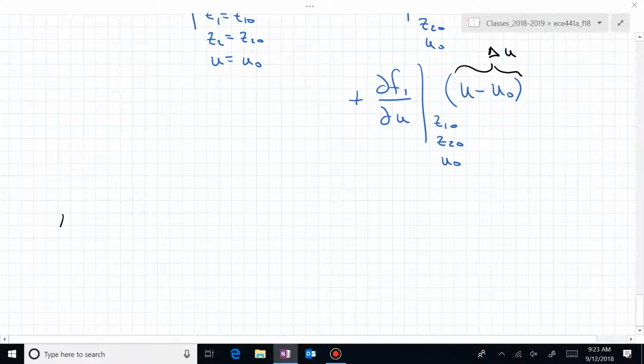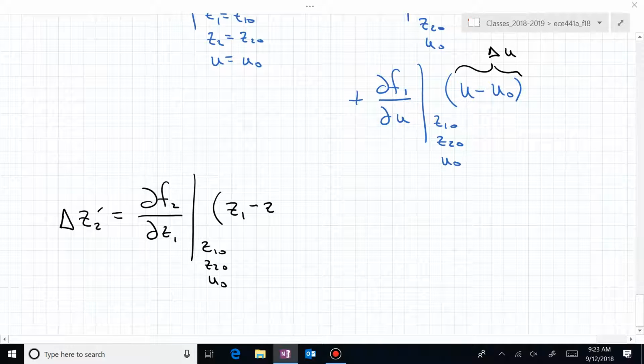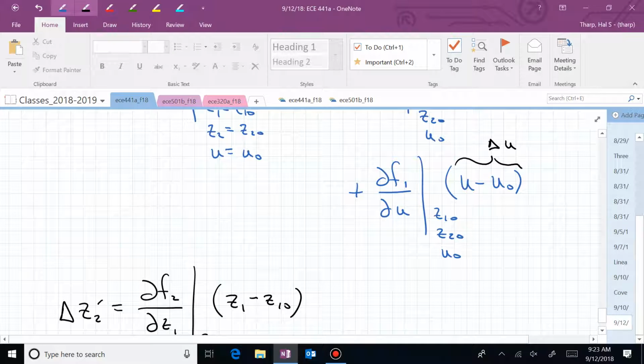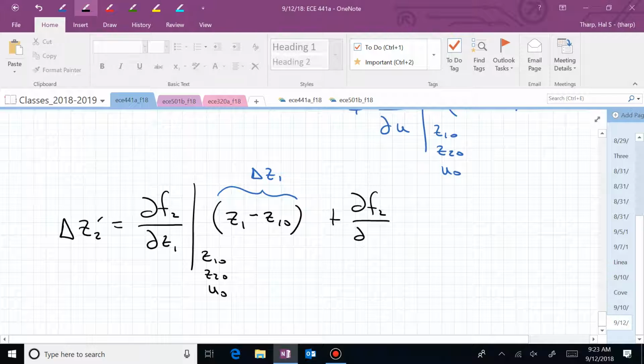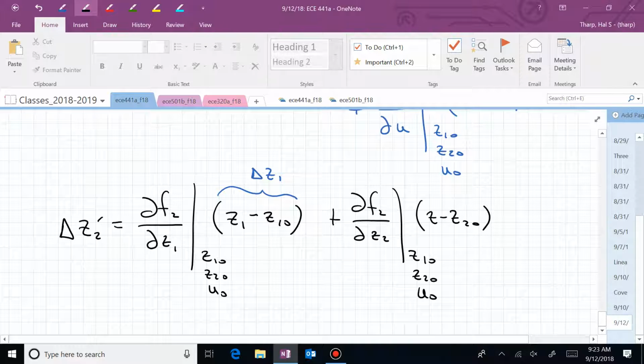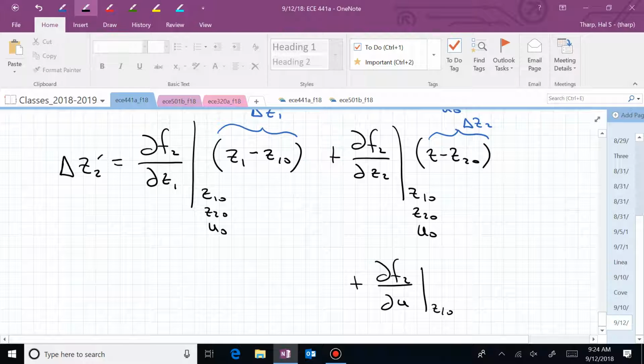The second one then is going to be delta z sub 2 prime is equal to partial of f2 with respect to z1 times z1 minus z1 naught, and that is just delta z1, plus partial of f2 with respect to z2, and finally the partial of f2 with respect to u.